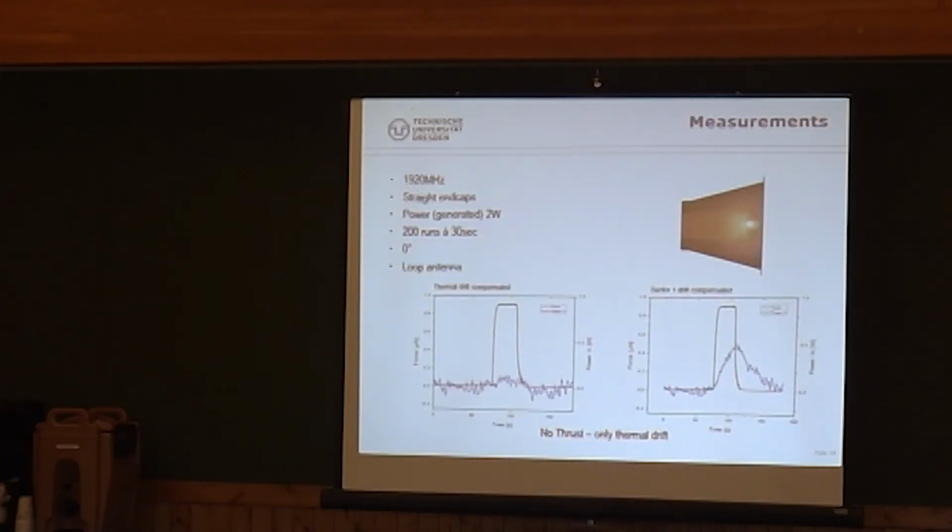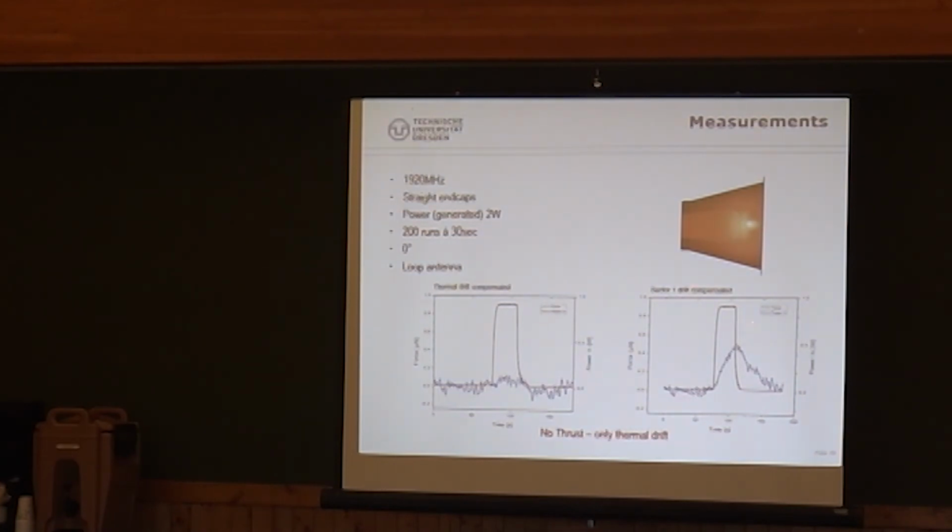Well, so I'll come to the measurements we did over the last weeks and months. The first measurement was done with the original configuration, the cavity with straight, flat end caps. We used a generated power of 2 watts for the first trials. We did 200 runs with 30 seconds each in the 0 degree direction, and we used a loop antenna for power emitting.